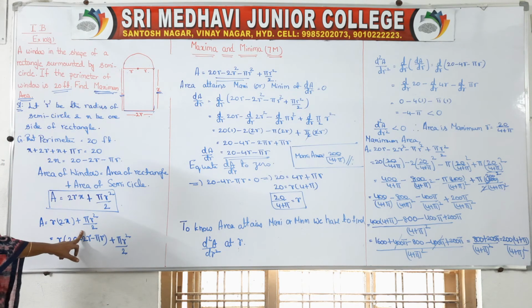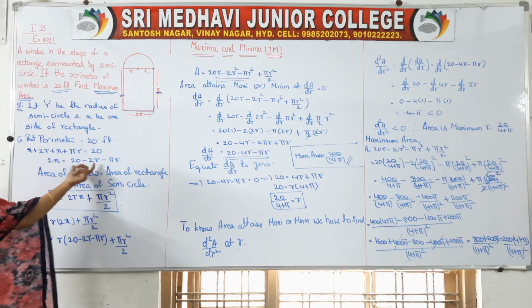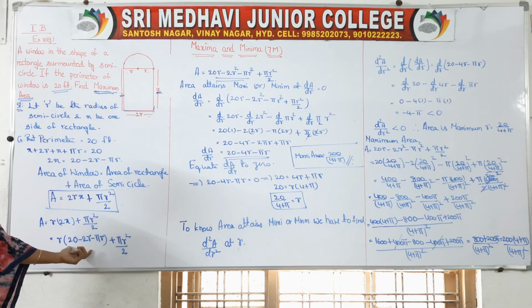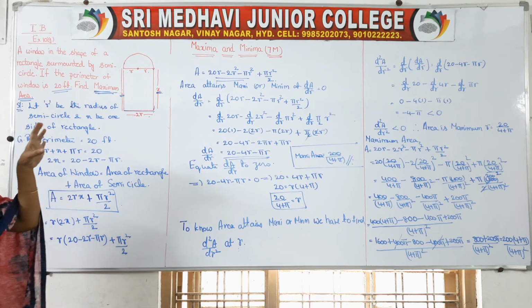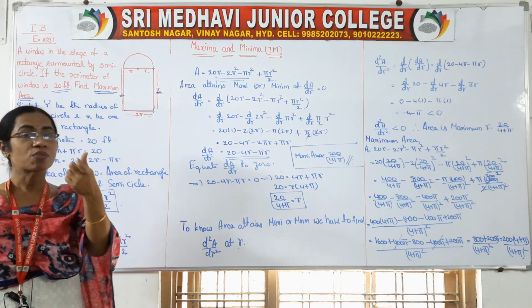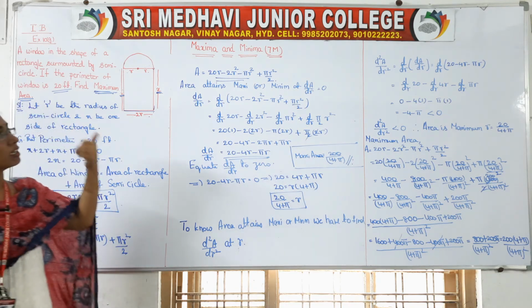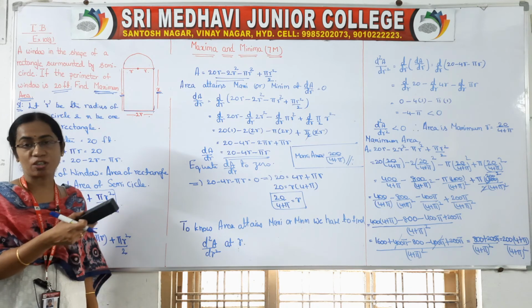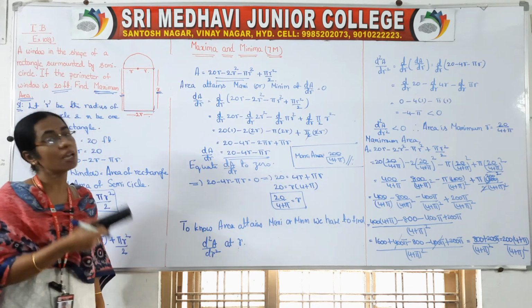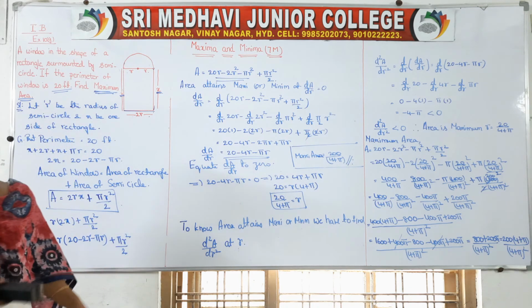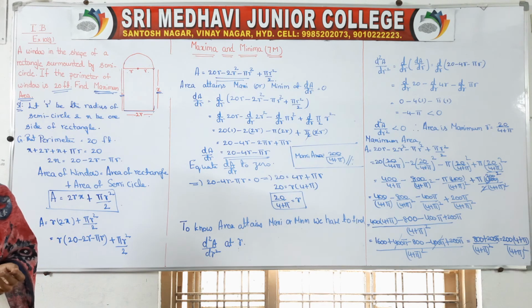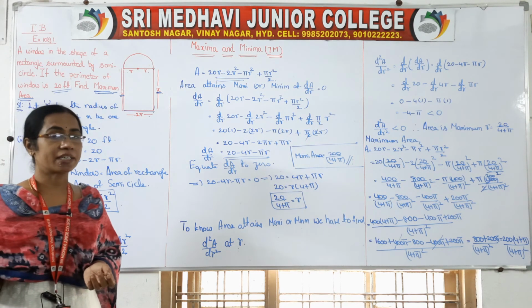Okay, and try to convert from the given hint your entire equation so that it is in terms of one variable. So here your area is in terms of r now, so that we can easily differentiate with respect to r. Suppose two variables are there, we cannot differentiate.